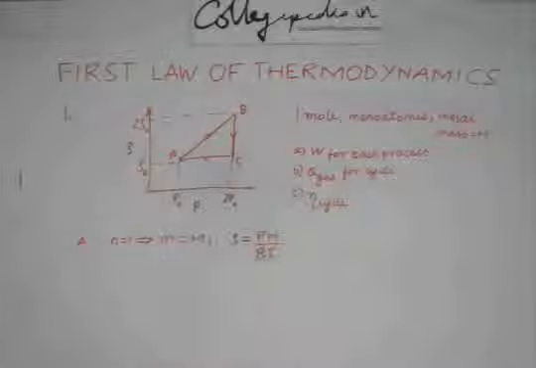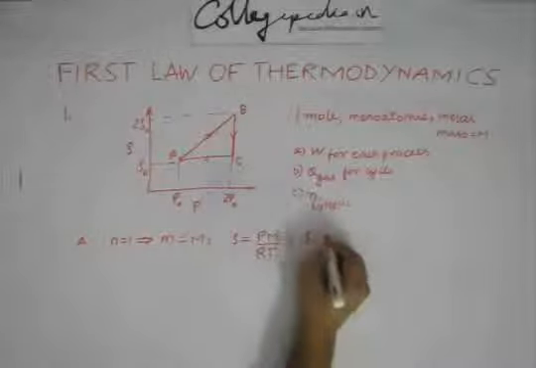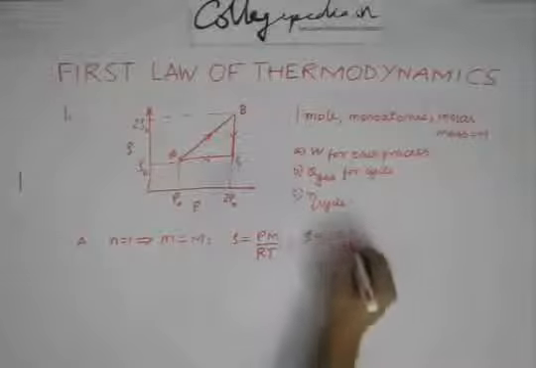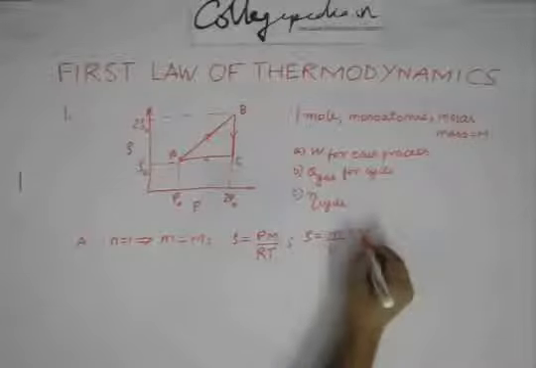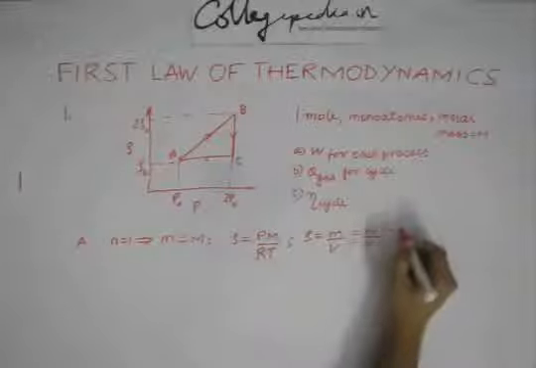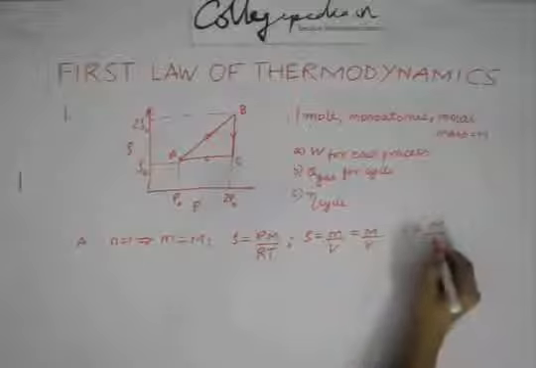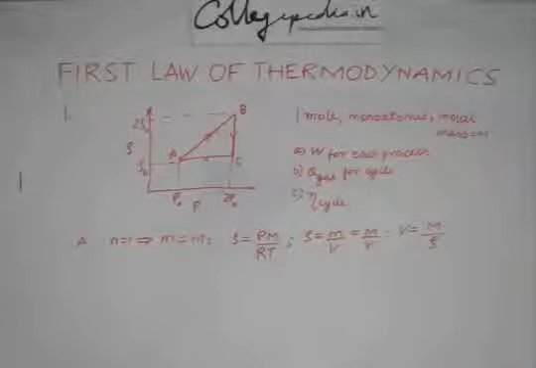Also, we know that density is mass by volume. In our case, this mass is going to be the molar mass by volume. So volume becomes equal to the mass divided by the density. So this is something we already know.